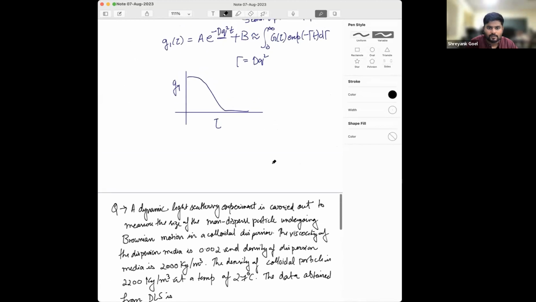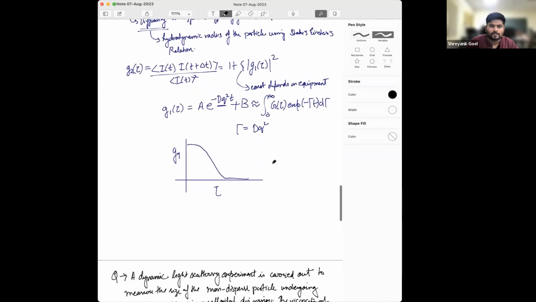So the Siegert relationship is this. Here D is the diffusivity.